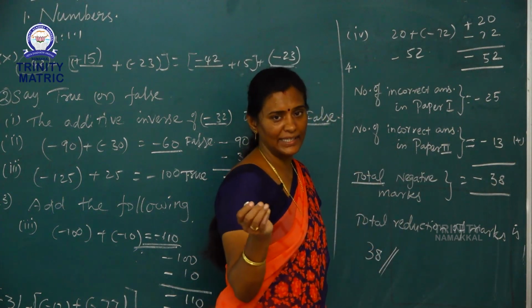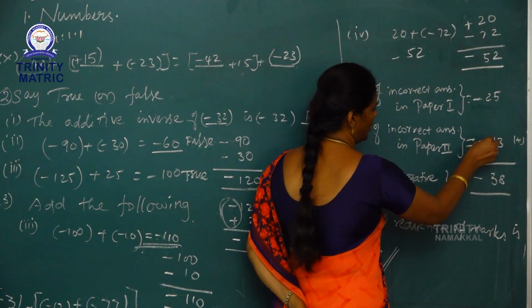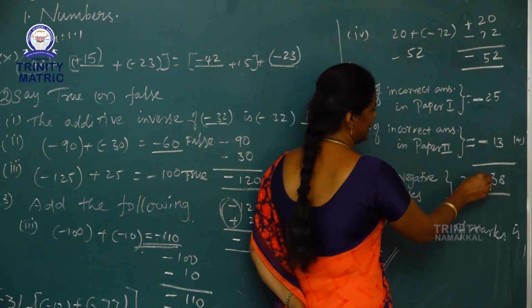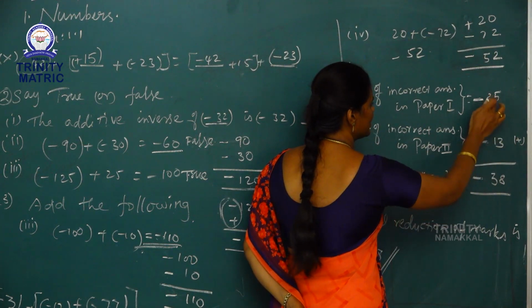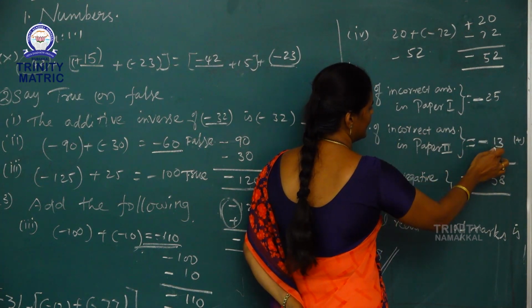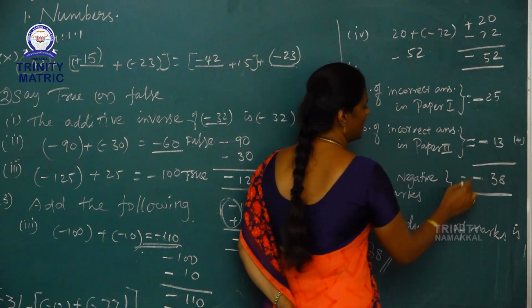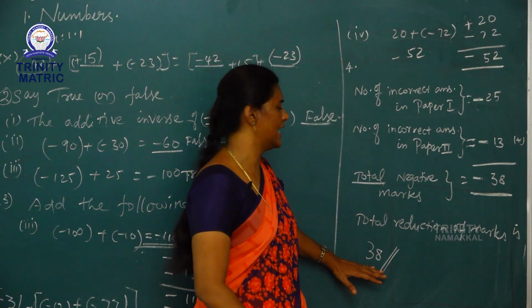Total means we add the integers, we add the marks. Here the 2 marks are negative marks. So, here the 2 signs are same. So, put the same sign in the answer. Now, you leave the sign. Now we add these 2 numbers, 25 and 13. The answer is minus 38. So, total negative mark is 38. Total reduction of mark is 38.